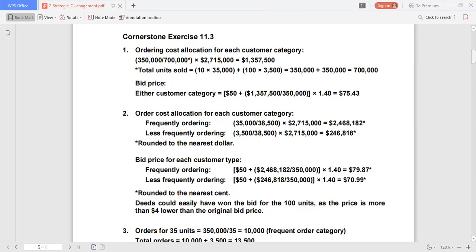There are two types of customers: those who place small frequent orders and those who place larger, less frequent orders. Cost and sales information by customer categories is provided below. So we have the frequently ordering customers and the less frequently ordering customers.